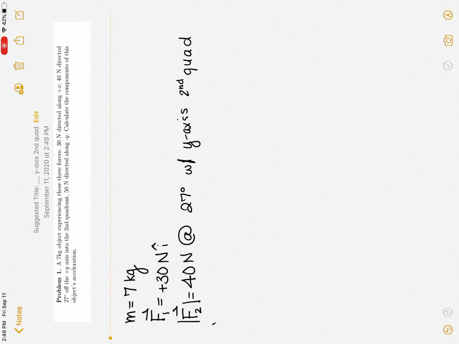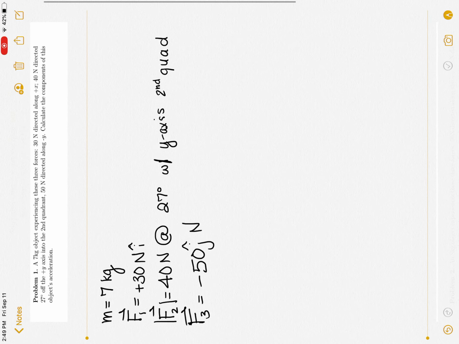And then we have F3 that's going to be 50 newtons along the negative y. So we know it's going to be negative 50 j hat newtons.